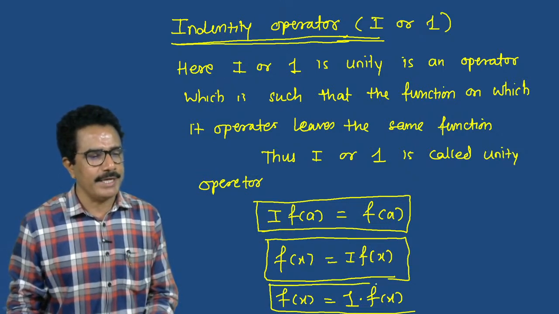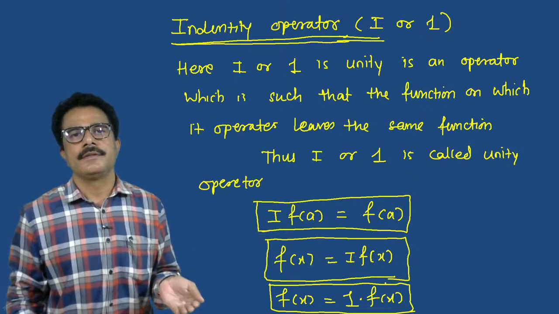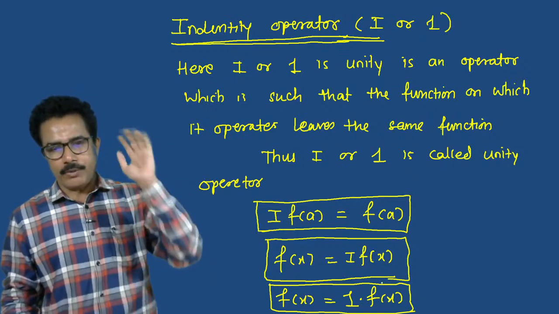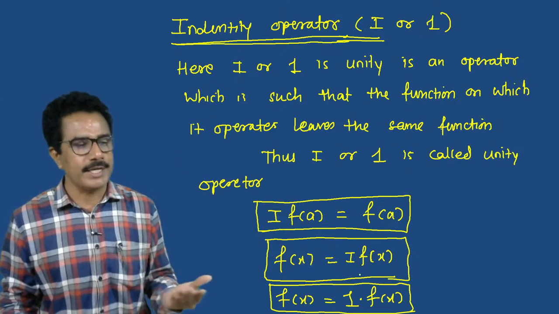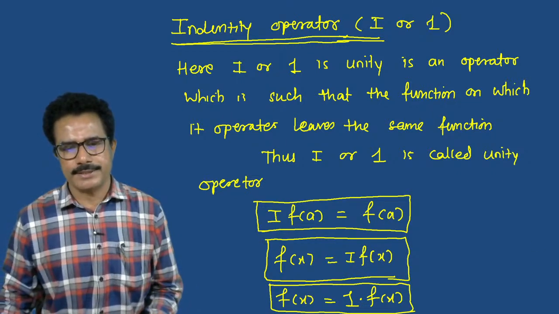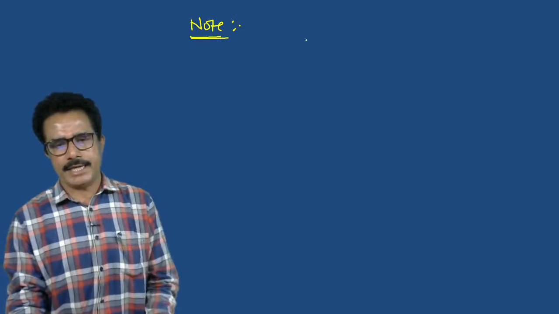So we can write, one is the identity operator or unity operator. Note that it is also known as the identity operator. Note that the identity operator or unity operator, writing 1 or I both work.